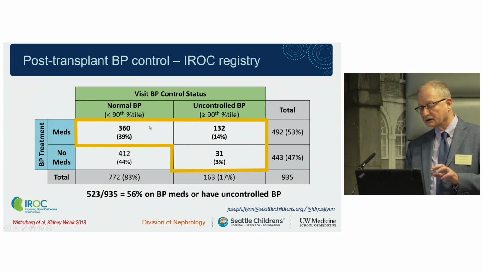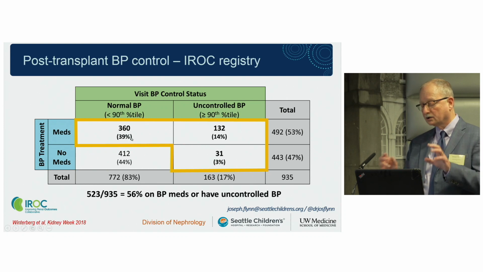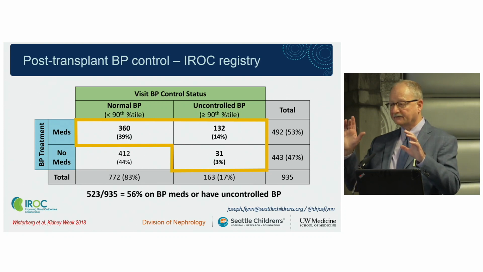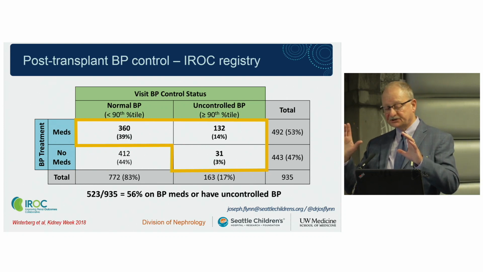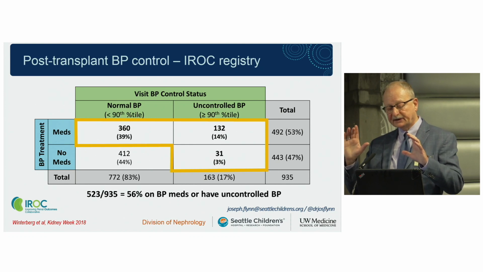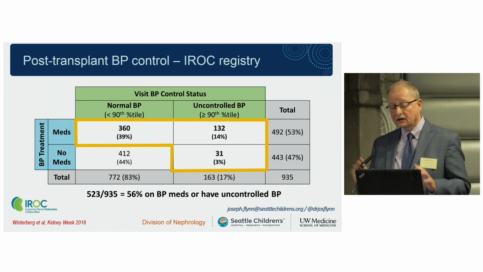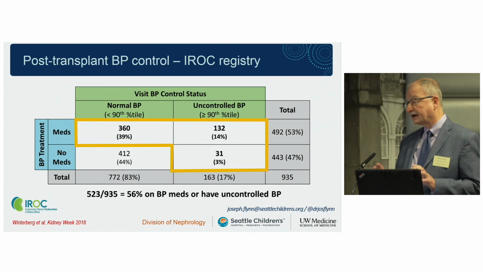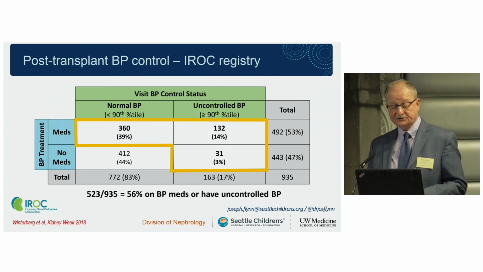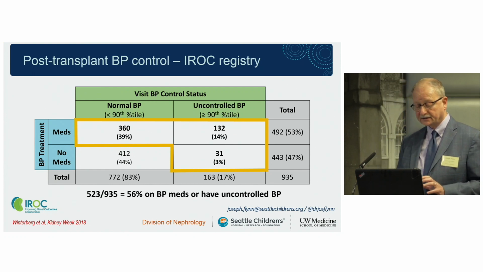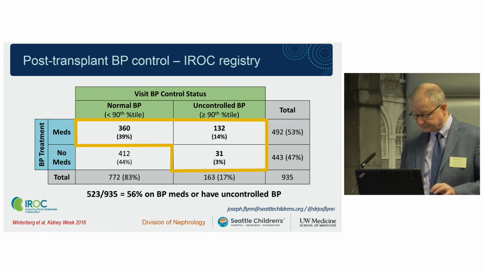And what we've outlined in the yellow are all of those you would say have hypertension. It's about 56% are on blood pressure meds or have uncontrolled blood pressure in the IROC registry.